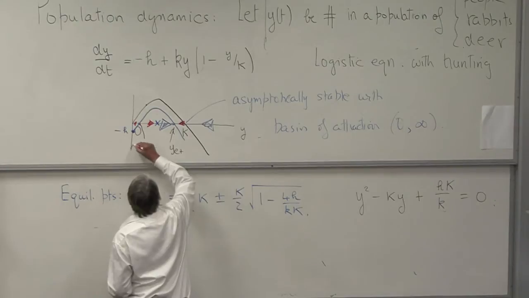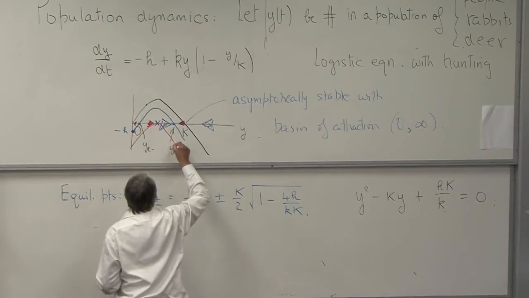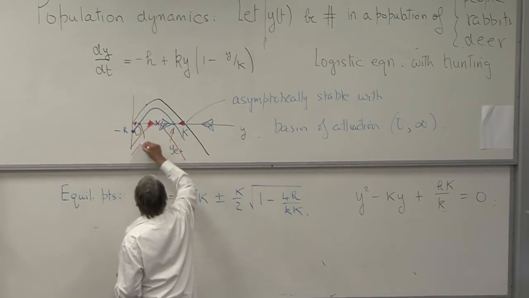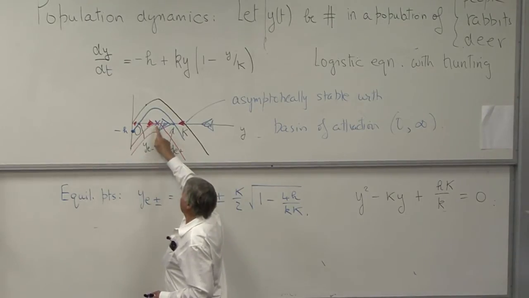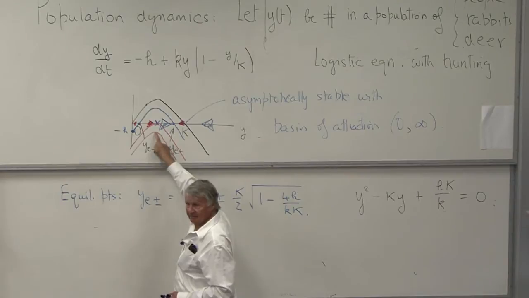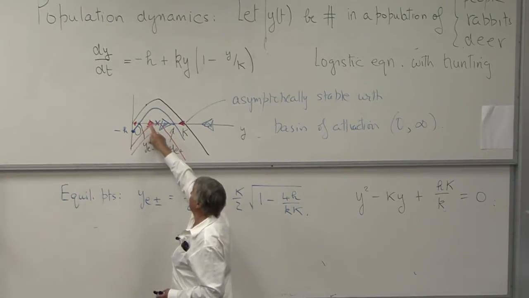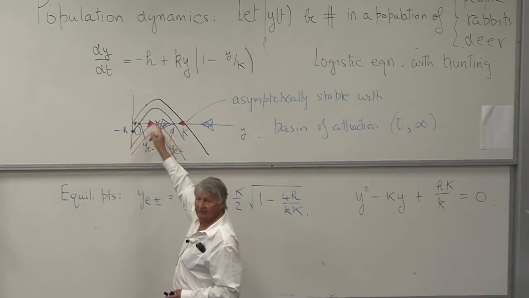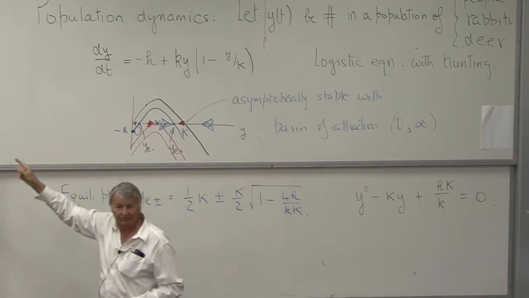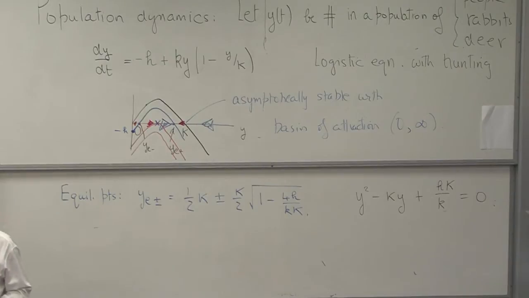Eventually, I'm going to have them meet like this and then disappear. Now, if they meet and disappear, what's going to happen if I start at any y? I'm going to end up at 0. I'm going to get rid of the whole population.